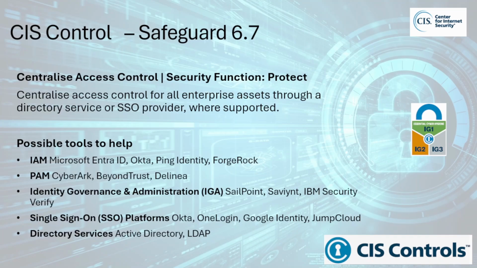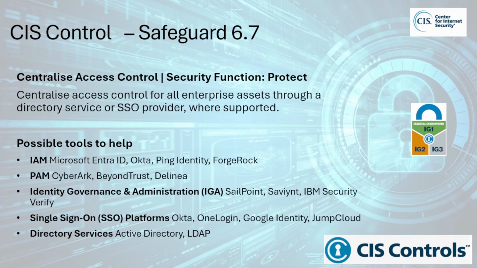Possible tools to help include IAM, such as Entra ID, Okta, Ping Identity, ForgeRock. These perform centralized control over user authentication, SSO, and access policies. PAM solutions such as CyberArk, BeyondTrust, and Delinea provide centralized control and auditing of privileged or admin account access.